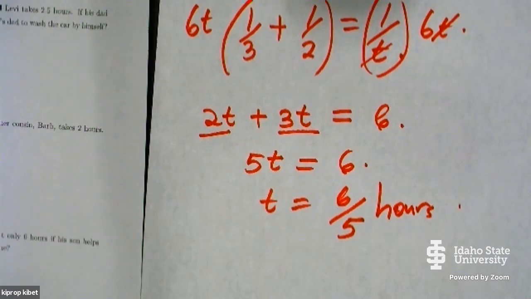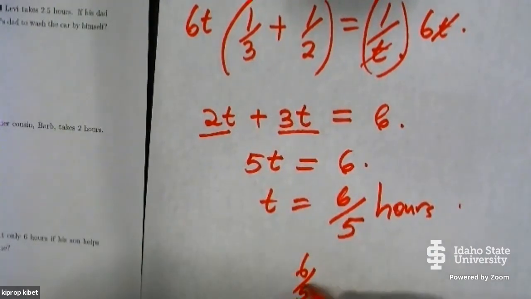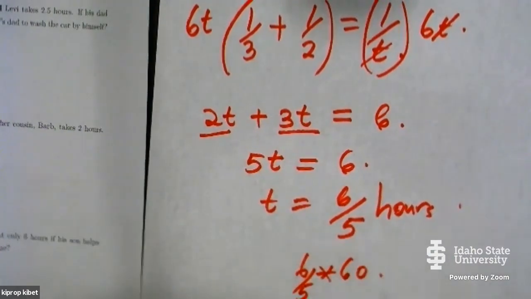So when you do your homeworks, Newton will expect you to put this one in minutes. So you can change this one to minutes by doing what? Multiplying by 60. So 6 all over 5 times what? 60 minutes.